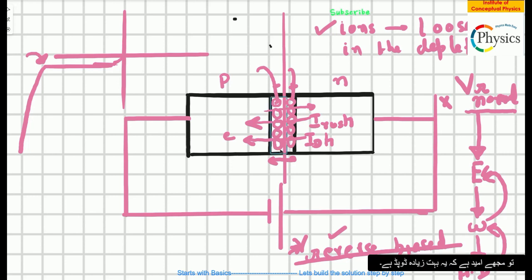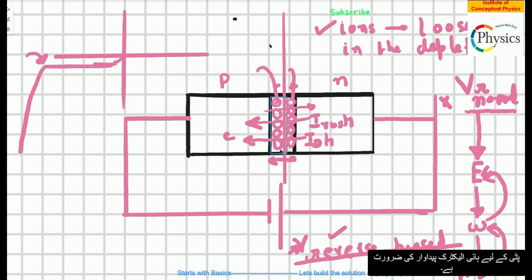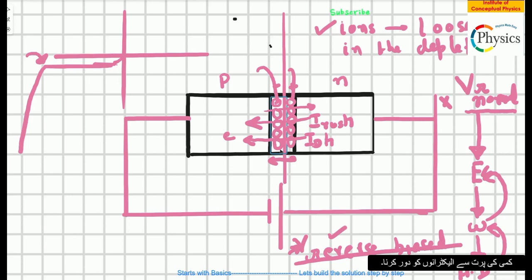So how it happens is with the help of a small depletion layer and a normal voltage, but the final outcome is a very high electric field. High electric field is required to strip off the electrons from the depletion layer. So I hope this is clear to you, and I will just label it.